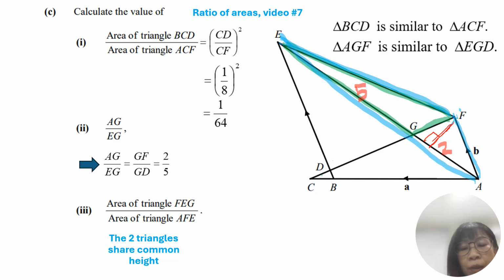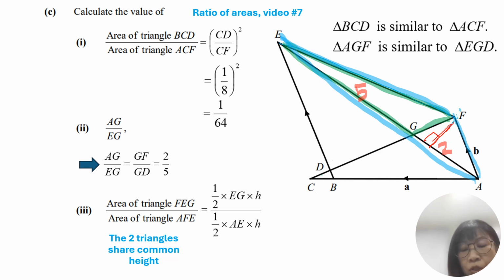Using the basic formula for area, half times base times height, for triangle FEG I have half times EG times the perpendicular height. And for triangle AFE, I have half times AE, the bigger base over here, times height.